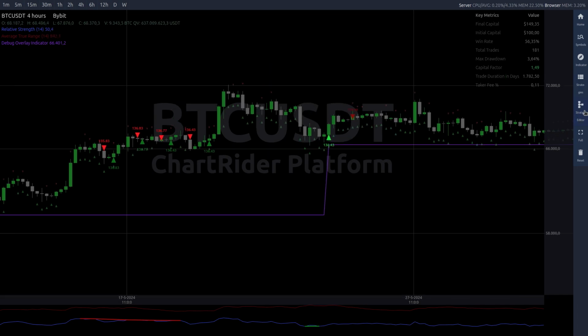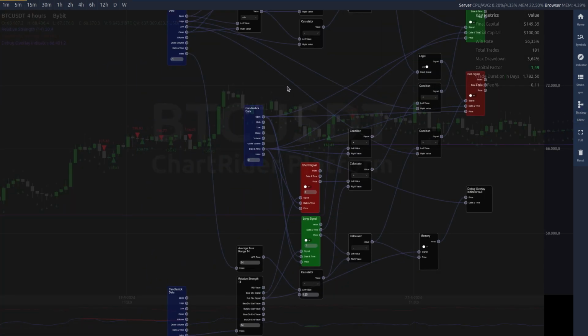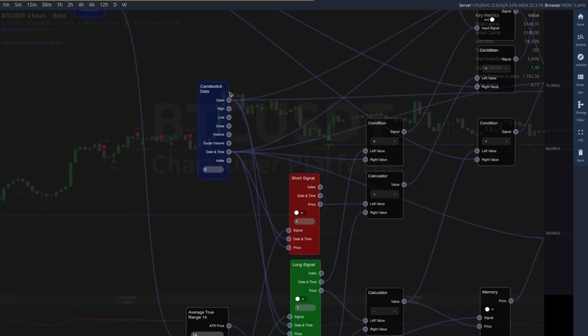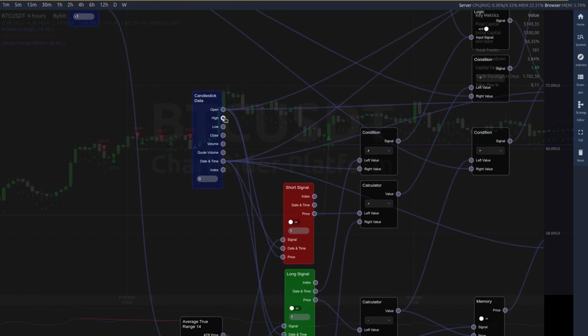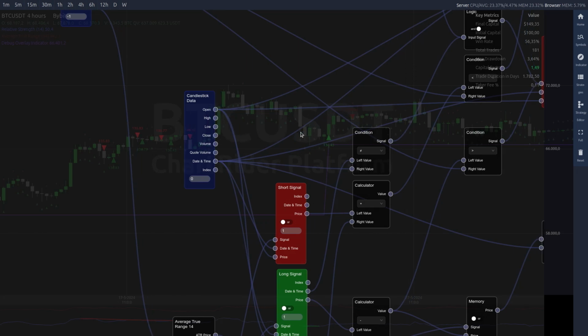So coming back to the zero candle node. The zero candle is not to be used on anything else than the open signal, because in live trading, when you enter in the current candle, reliably you have only the open price.